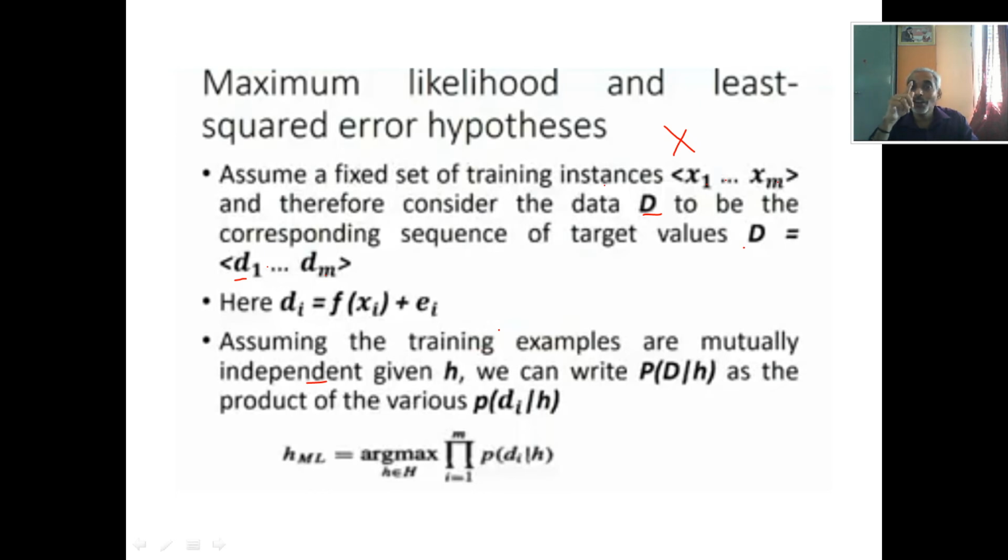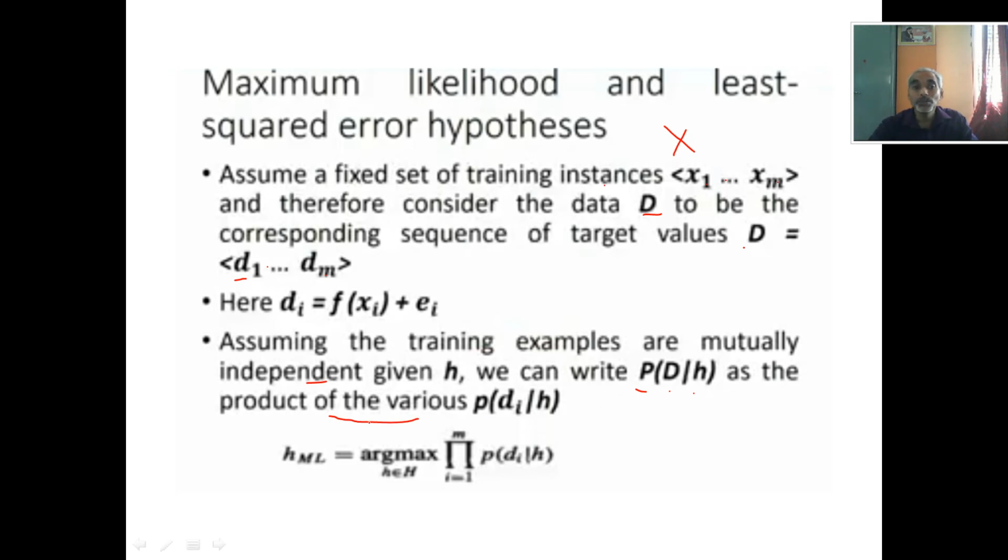Now assuming that all these training examples x1, x2, x3 are mutually independent given a hypothesis h, we can say the probability, capital P, of the training data set D given the hypothesis h is the product of various small p.